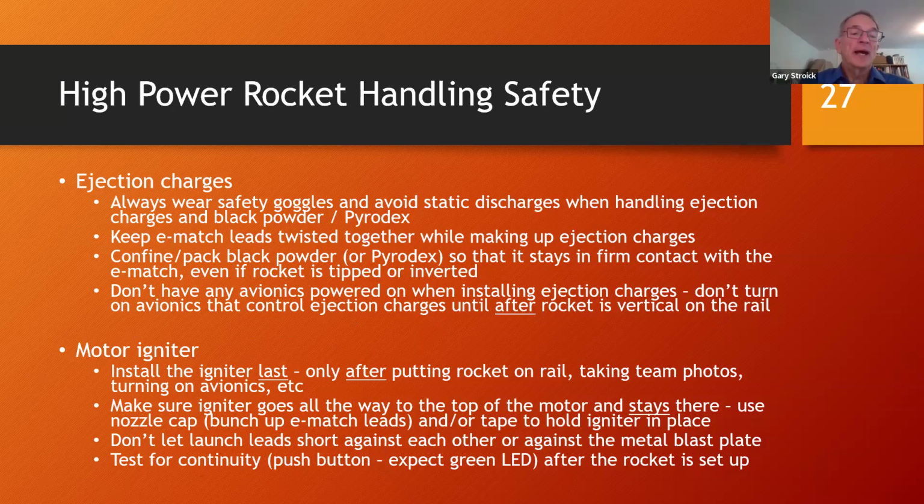Now, igniter, similarly, we don't want the igniters in the motor, and it's actually Tripoli, NAR, National Association of Rocketry rules, in the motor until the rocket is actually vertical on the pad. The reason for that, of course, is if somehow that igniter fired and started the motor, we want the rocket to go up and away from everyone.